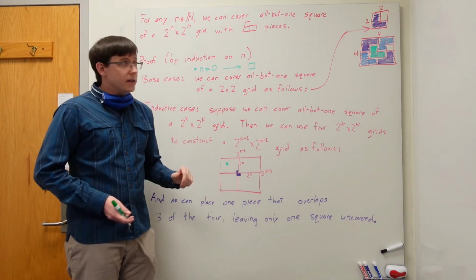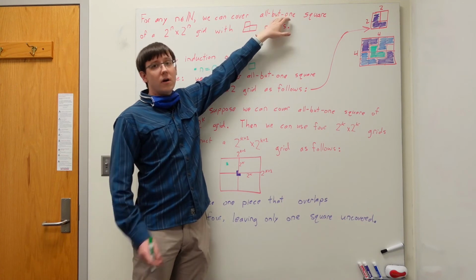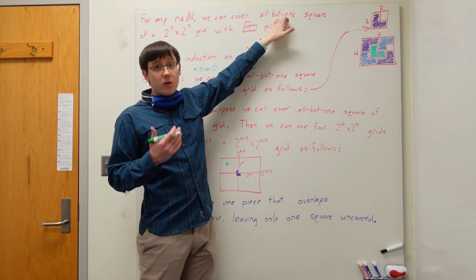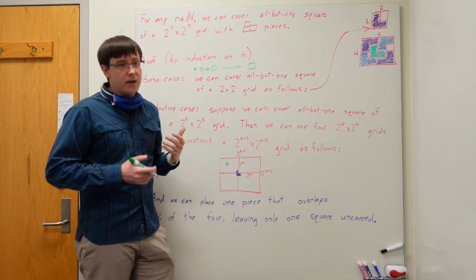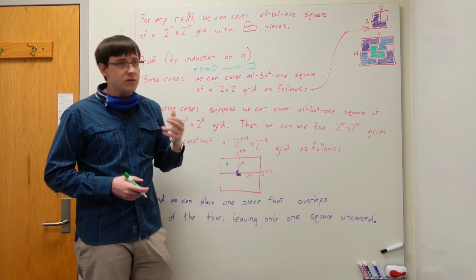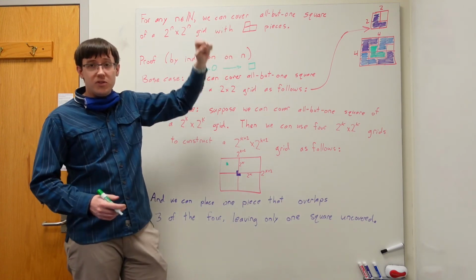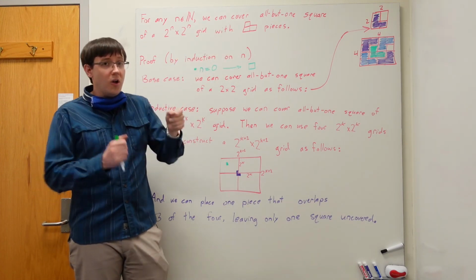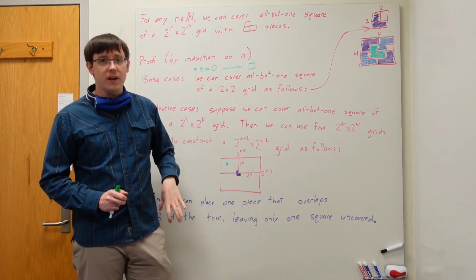So specifically, let's make our claim stronger and say that we can cover all but the top right corner of the grid. And if that's the case, then we can definitely cover all but one square, so that would imply this theorem. And if we can specifically think about covering all but the top right corner, then that will set us up to do this inductive step.